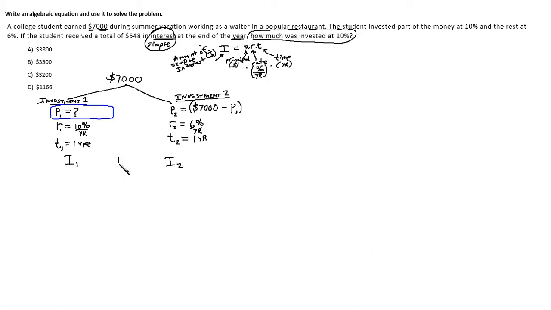If we add those two amounts of interest together, we should get a total. See where they're saying here in the problem, he should be getting a total of $548 in interest. And this is very useful.